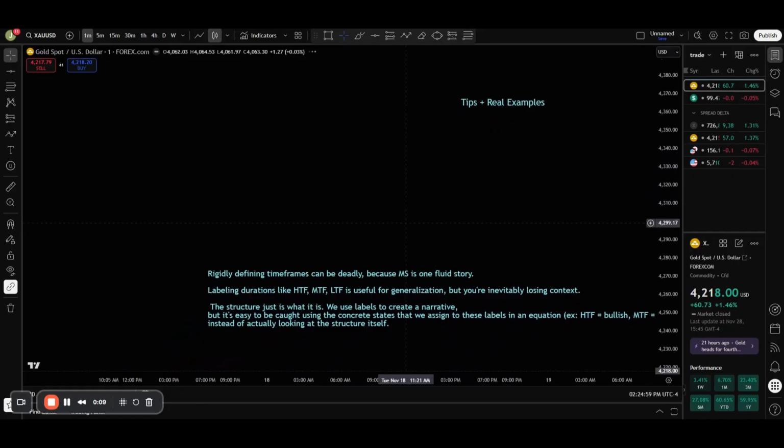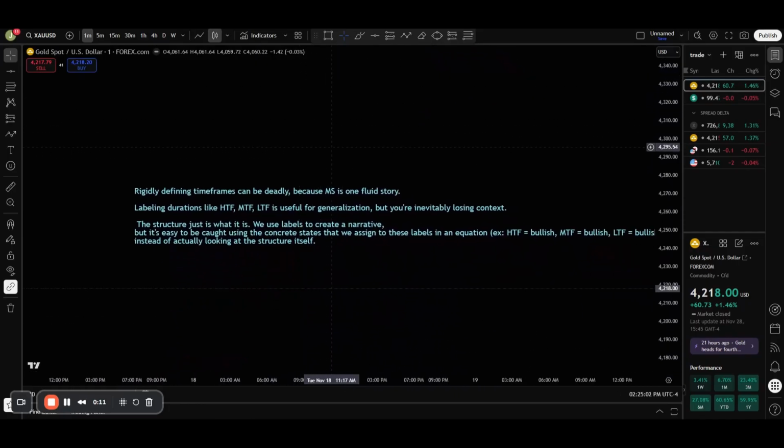So the biggest tip that I have is that rigidly defining timeframes can actually work to your demise. Now, obviously, labeling durations of price like high time frame, middle time frame, low time frame is useful for classification, for journaling, for finding similar conditions and basing how you're going to perceive price off of previous sessions.